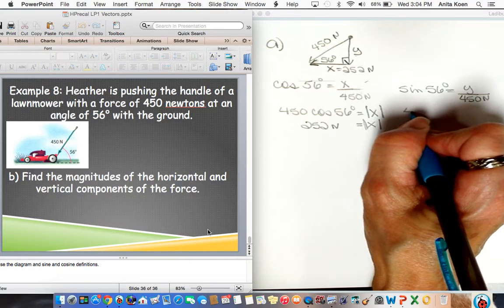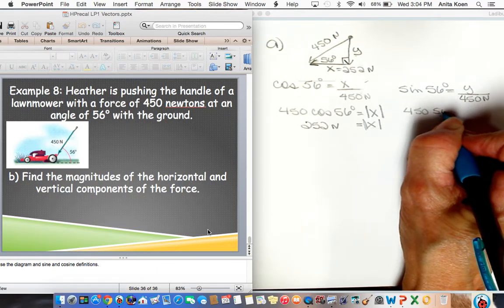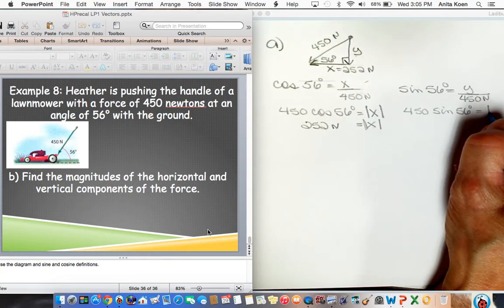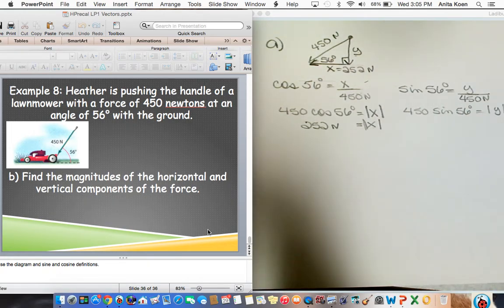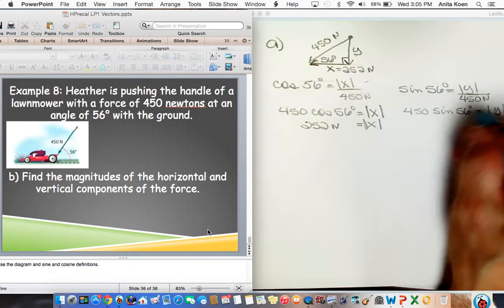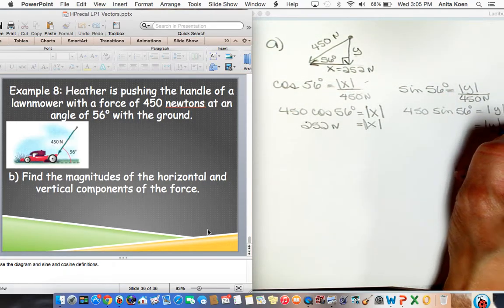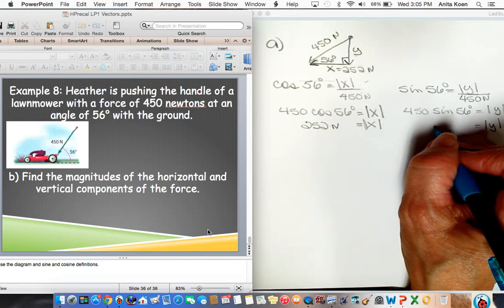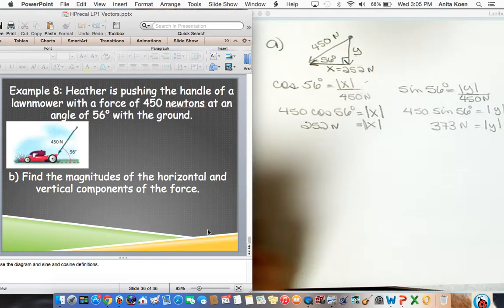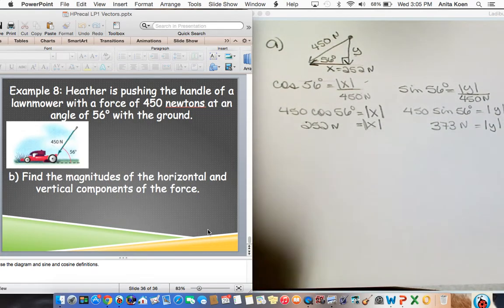So 450 times the sine of 56 is equal to the magnitude of vector Y. So technically we should put magnitude here and here. So the magnitude of Y is going to be 373 newtons. Okay, so now we have found the magnitude of the horizontal and the vertical components of the force.